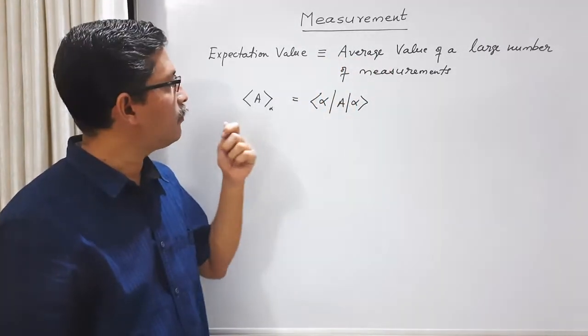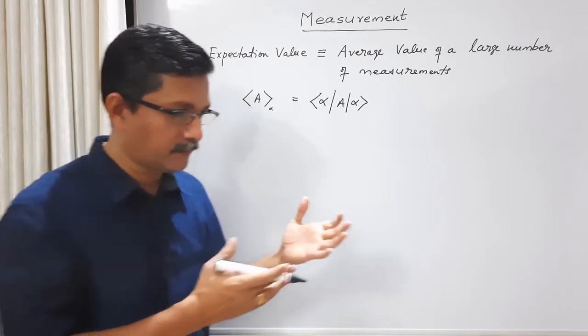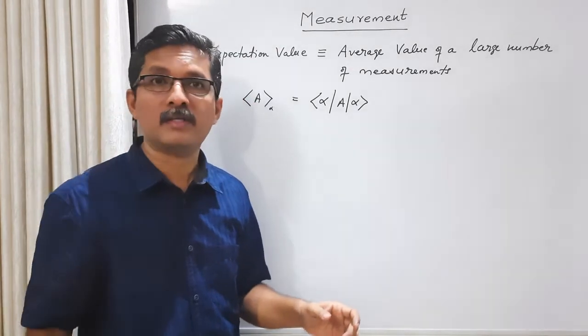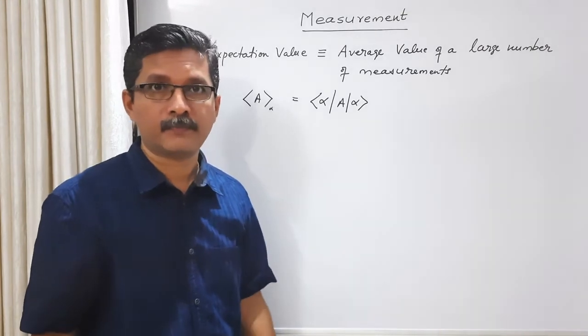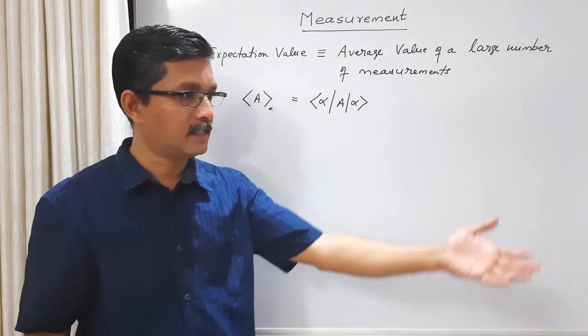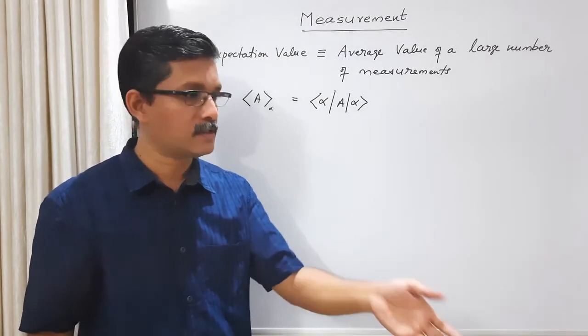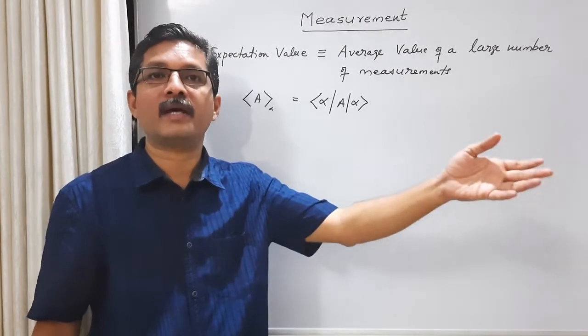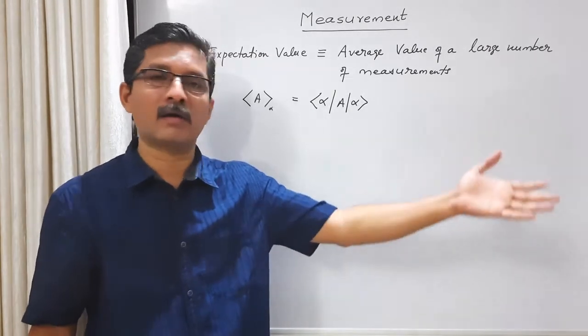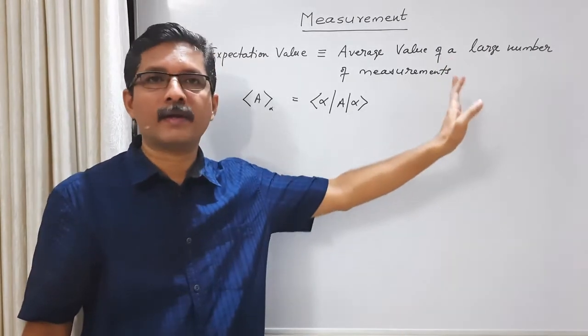Okay, what we have stated just before is that the result of each individual measurement is one of the eigenvalues. You make one trial, you get one eigenvalue; you make a second trial, you get another eigenvalue. In the first trial you get A1, in the second trial you get A7, in the third trial you get A5, and it goes like that. Maybe you make 100 trials, you get different eigenvalues.